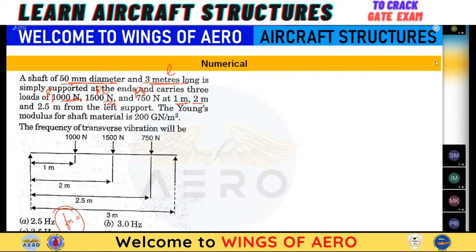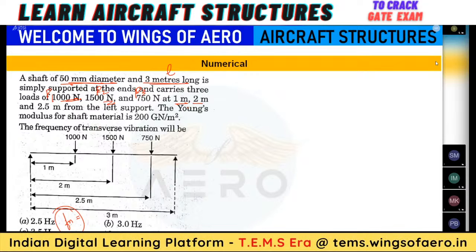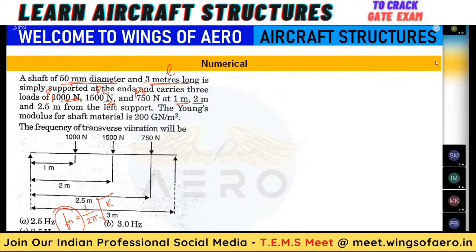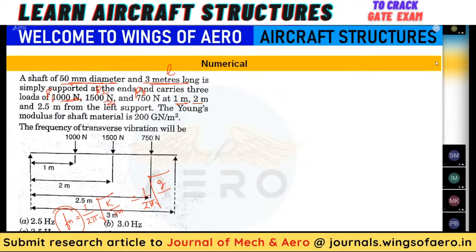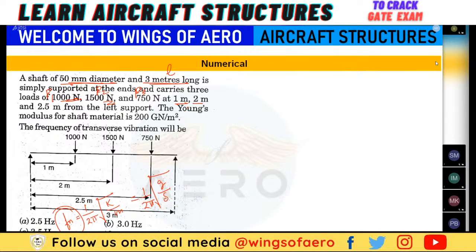How are we going to find this natural frequency? Now, what are the formulas that you know? 1 by 2 pi root k by m. Another is 1 by 2 pi root g by del, that is the deflection. Now, can you find it? Yes, you can. You need to find out the deflection.